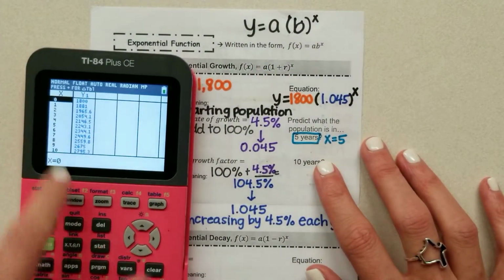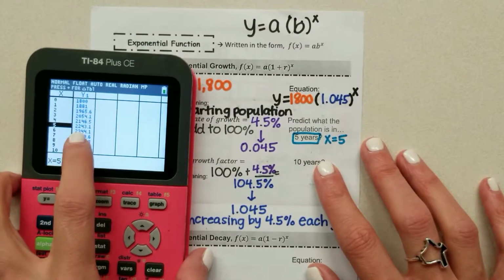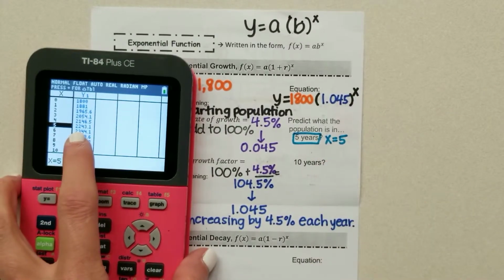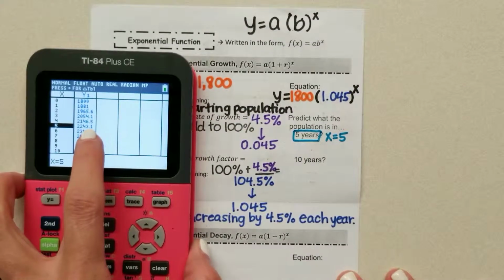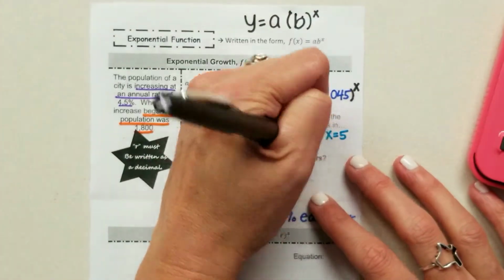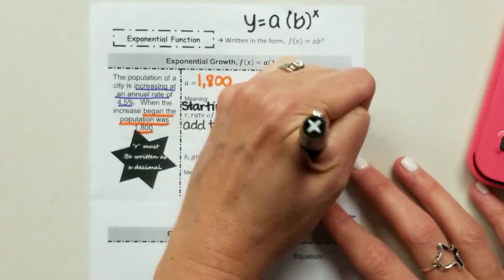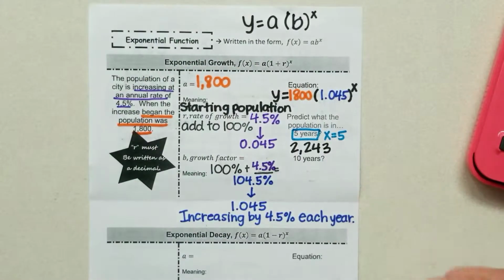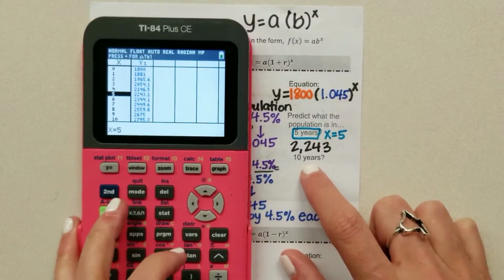So I'm going to go to my table, and I'm going to go down to 5, and now our population is 2,243.1. But remember, we're talking about people, so I can't have a decimal. So I'm just going to round this. I'm going to say that our population, our y value, is 2,243 people.